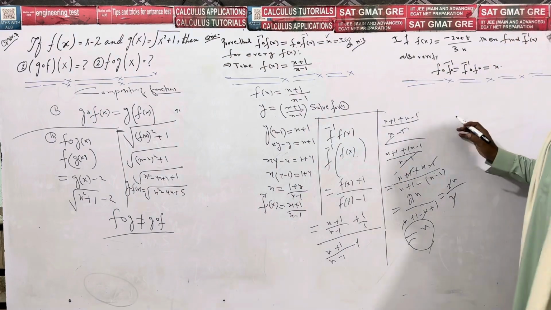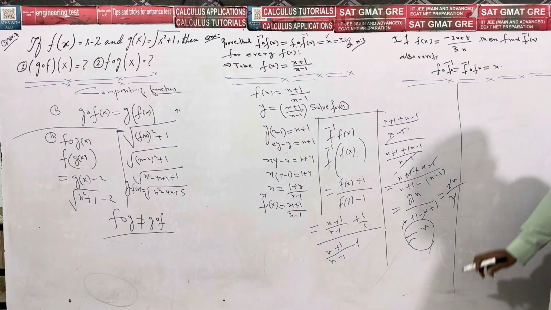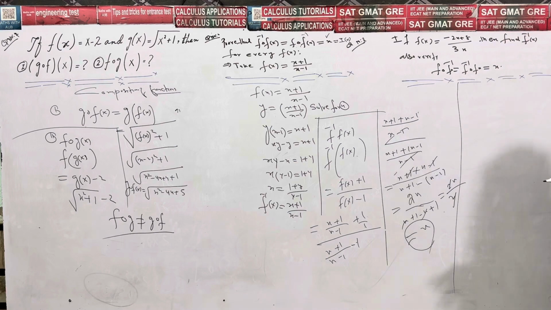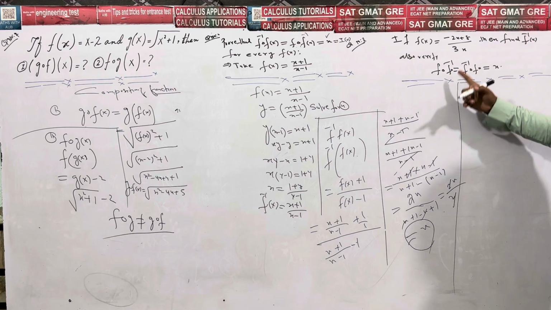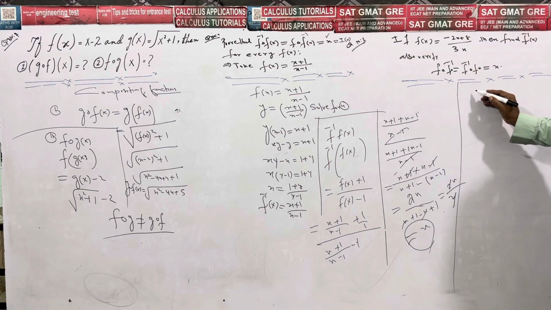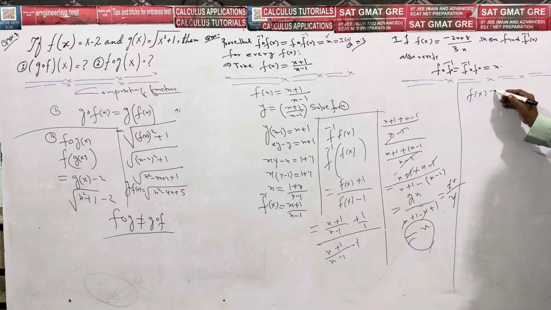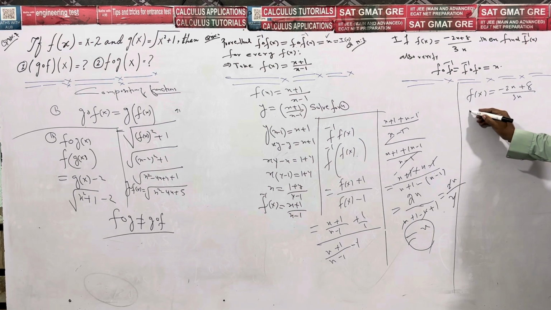We have verified. Another question, same question. Prove that the composition of a function and its inverse results in x. Let's find its inverse. f of x is equal to negative 2x plus 8 overall 3x. f of x means y. Switch 3x here, it will become y times 3x.